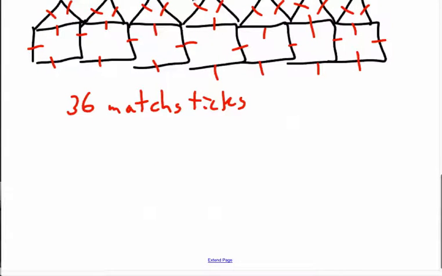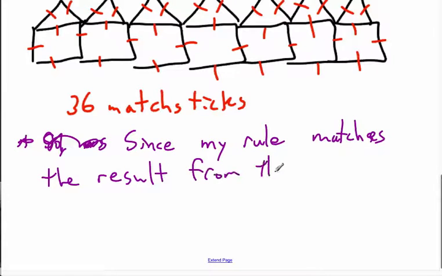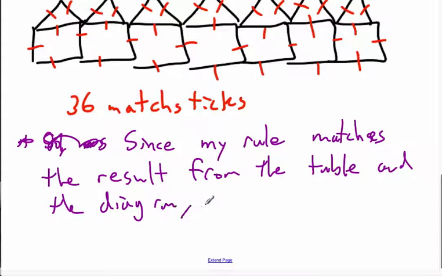Okay, so then you've got to write some sort of conclusion at the end for your verification. You could say, since my rule matches the result from the table and the diagram, this verifies my rule is correct.